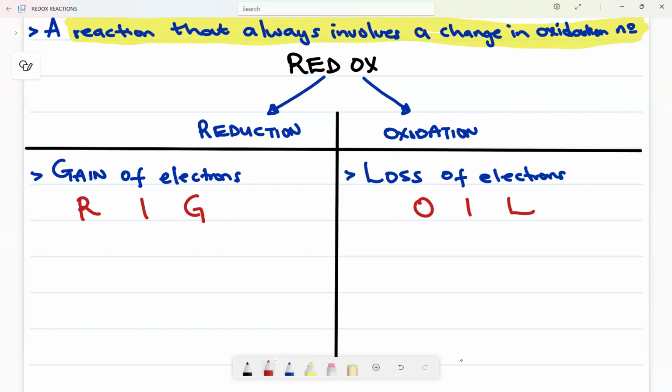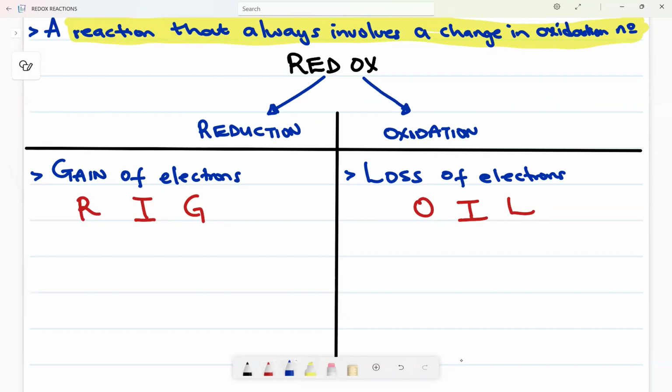What does OIL RIG help me with? OIL RIG tells me that oxidation is loss, and reduction is gain, of electrons, of course.